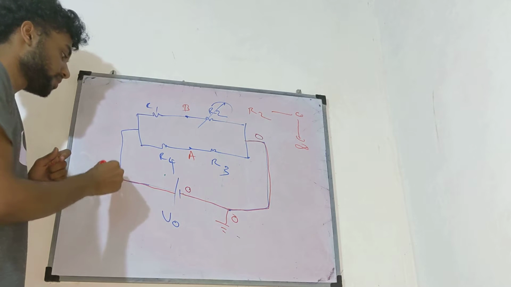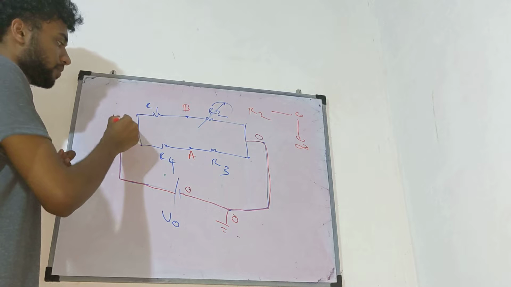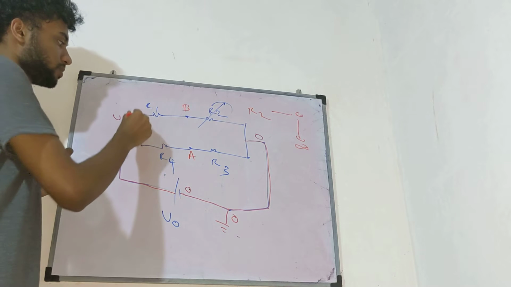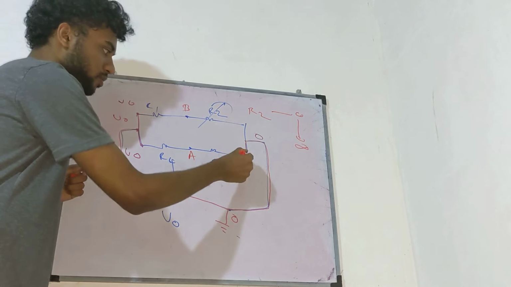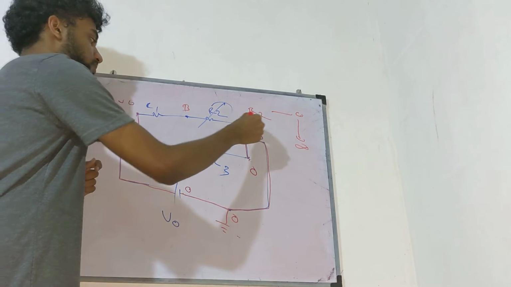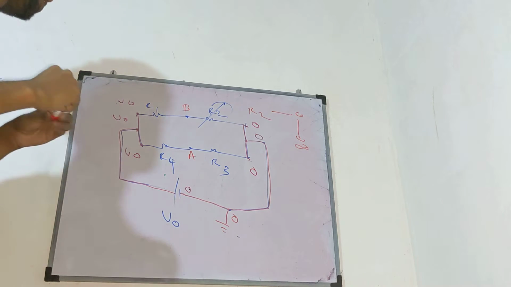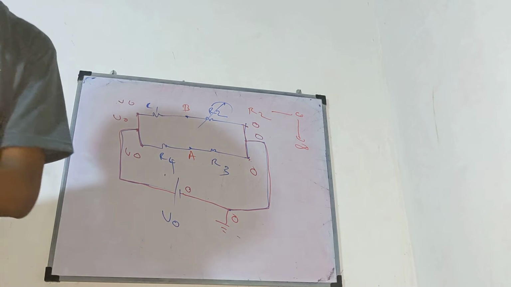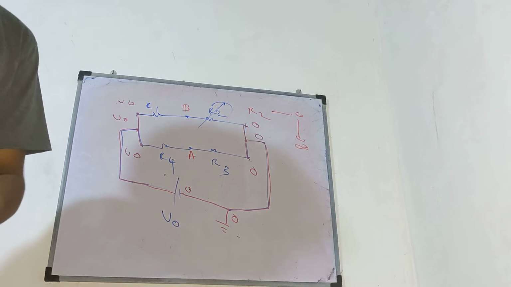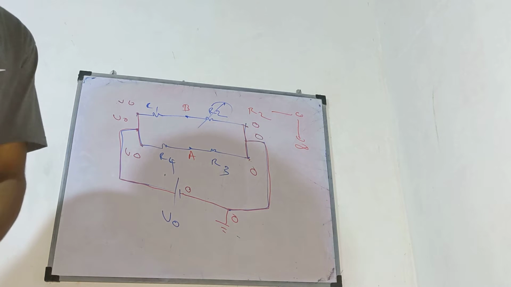Therefore this whole line is at V0, and this line is at 0. First you do that, then things become very easy.